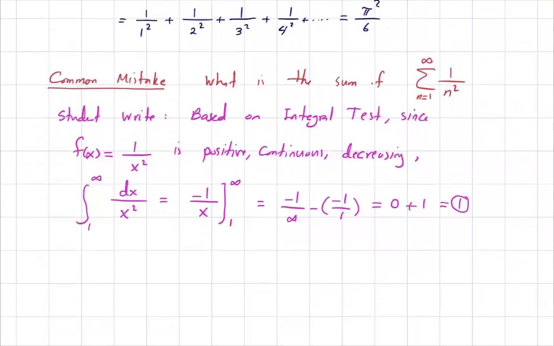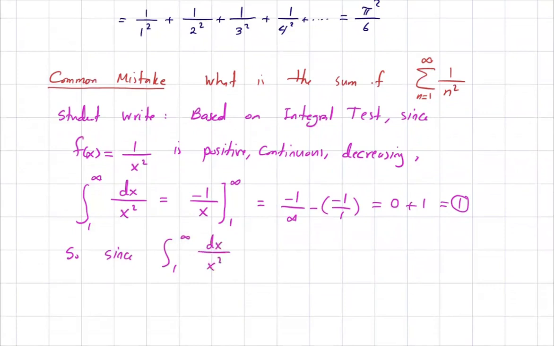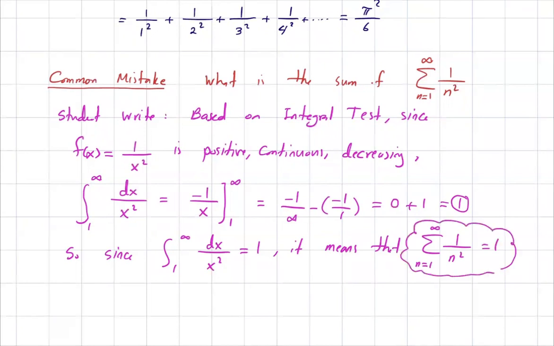So since the integral goes to 1, the summation goes to 1 as well. So since the integral from 1 to infinity of dx divided by x squared is equal to 1, it means that the summation of 1 divided by n squared, n starts from 1 to infinity, is equal to 1 as well.